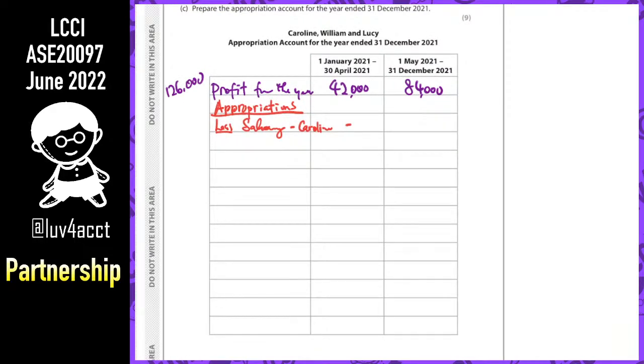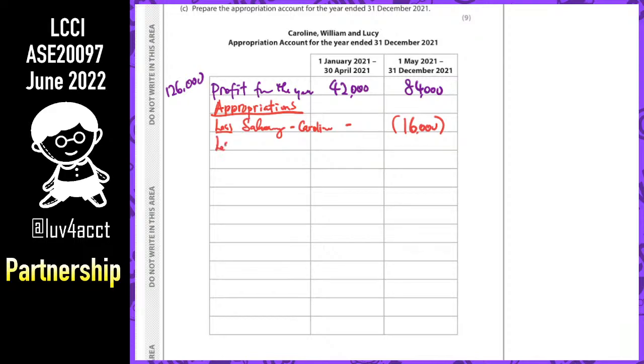After Lucy joined, it's only 8 months. So 24,000 divided by 12, times 8 months, it is 16,000 negative, because this is money distributed from the profit pool to the partners. That's why it's negative here.